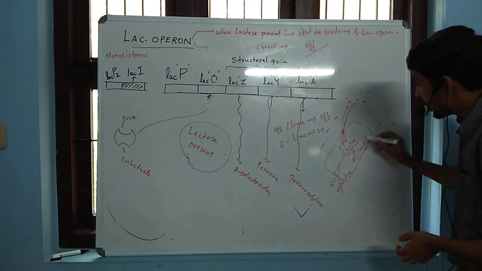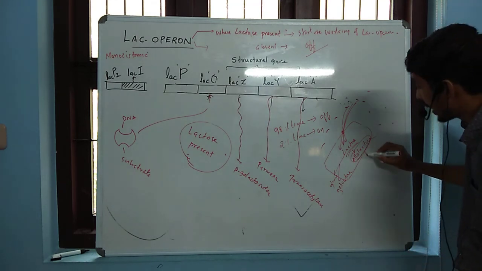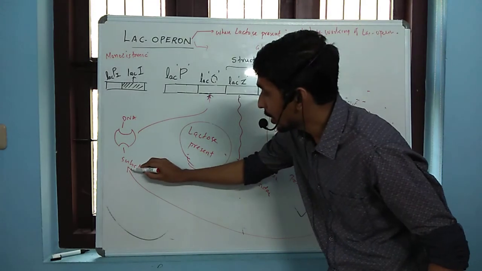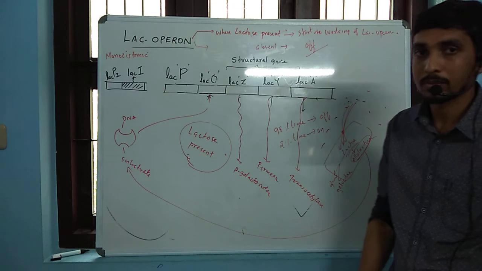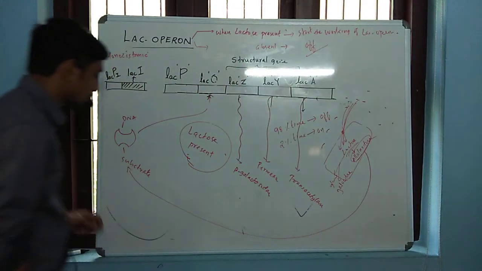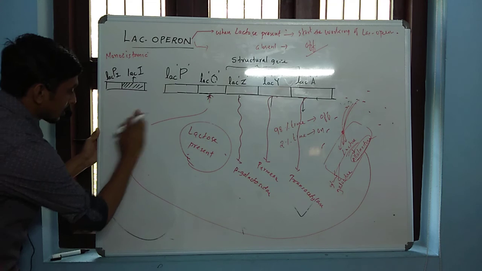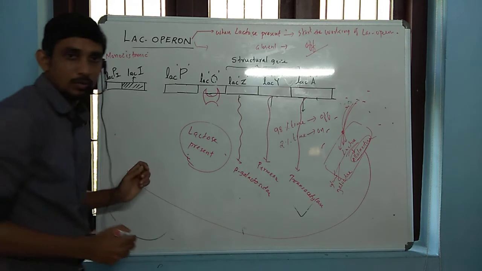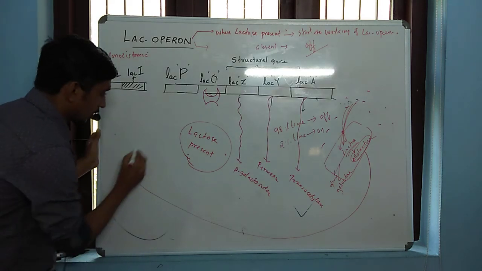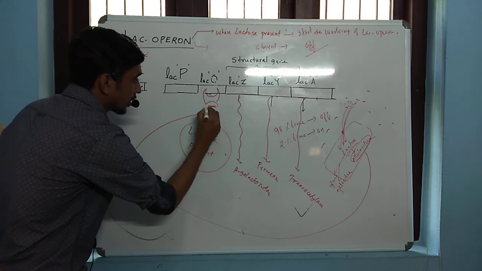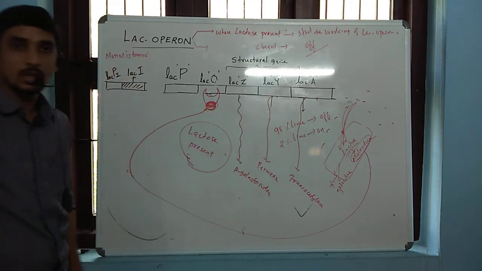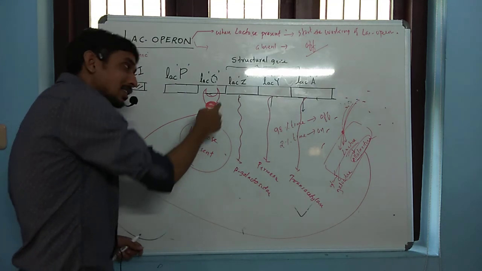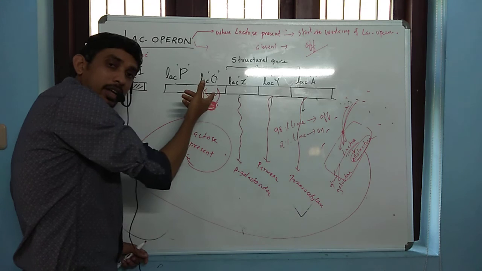And this newly formed allolactose then directly binds to the substrate binding site. Actually, this regulator protein is bound in an off condition. When allolactose binds on the substrate binding site, its DNA binding domain gets modified.